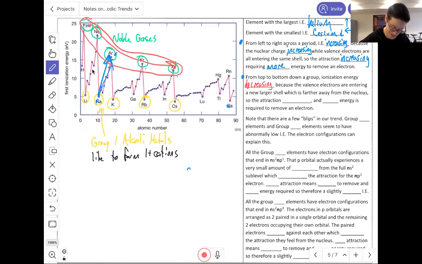So our valence electrons are entering larger shells, which are farther away. So what's happening to my attraction if I've got things farther and farther away? Decreasing. And if I have decreased attraction, more or less energy is required?